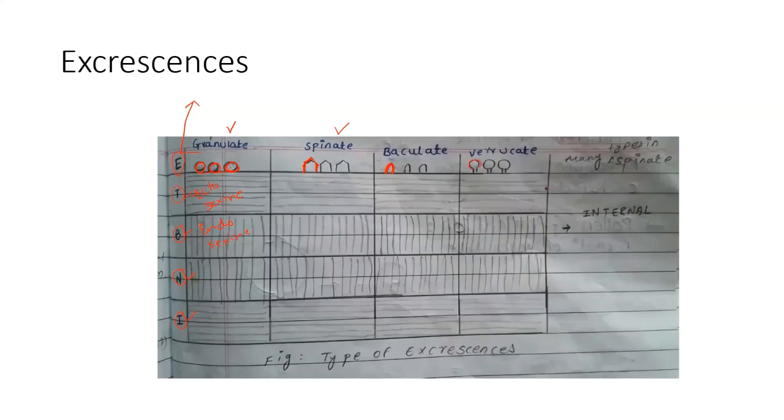What is verrucate? Verrucate is the one which looks like a mushroom. Usually a mushroom has got this head-like structure, which is the edible portion, and then there is a stalk, correct? So it looks like small mushroom-like structures, and that is referred to as verrucate. So these are the 4 basic types.